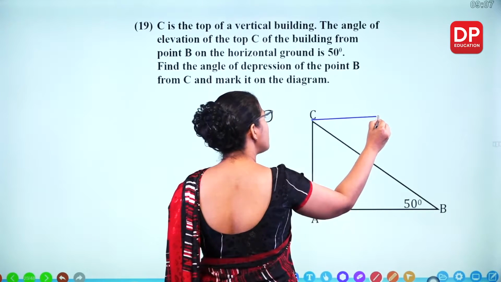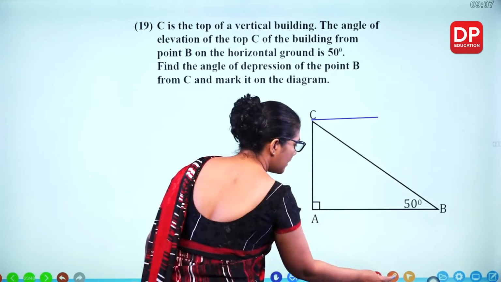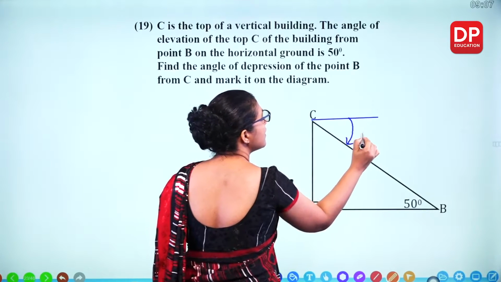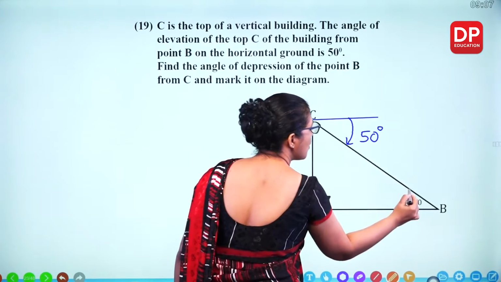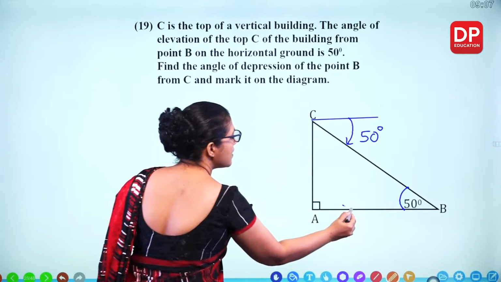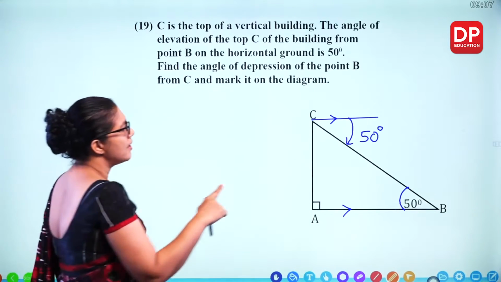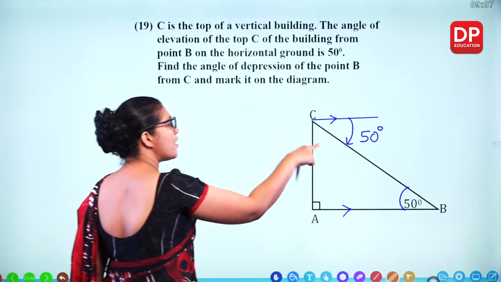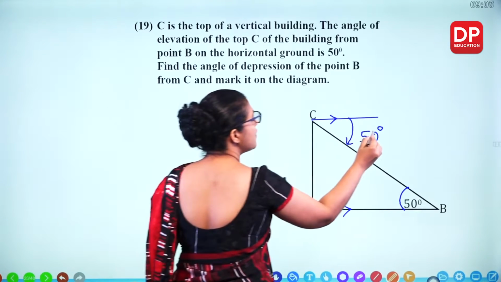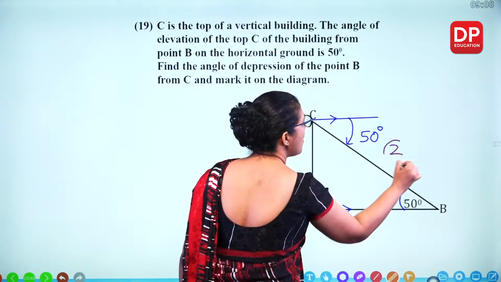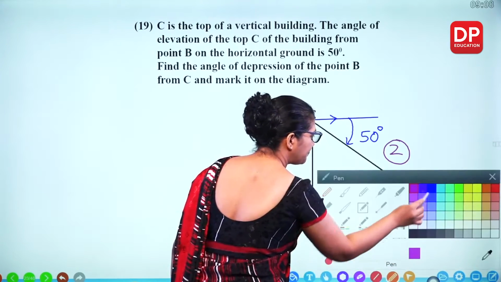If this is the horizontal line, the depression we can mark like this. That's 50 degrees because here these two lines are parallel, horizontal lines. So you can mark this angle. Angle of depression is 50 degrees. So you get 2 marks for marking that.